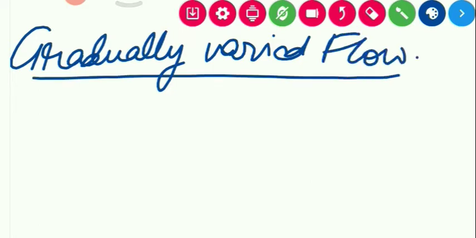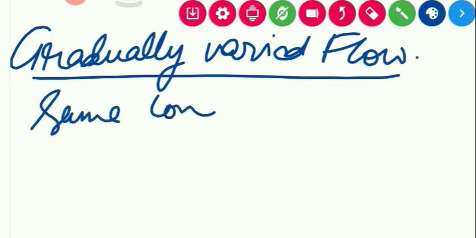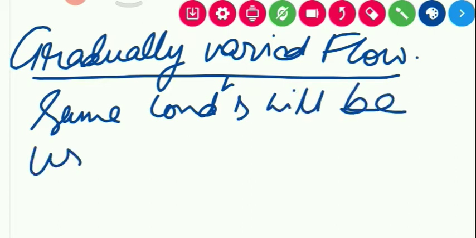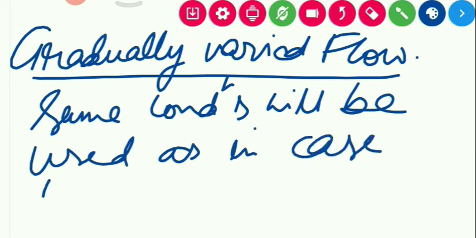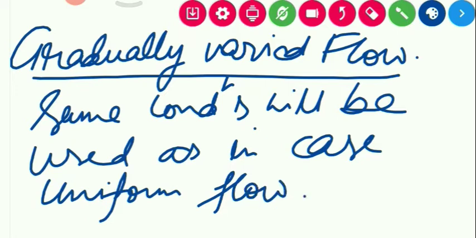Gradually varied flow. Okay, so what is the equation for a gradually varied flow? The same conditions will be used as in case of uniform flow.